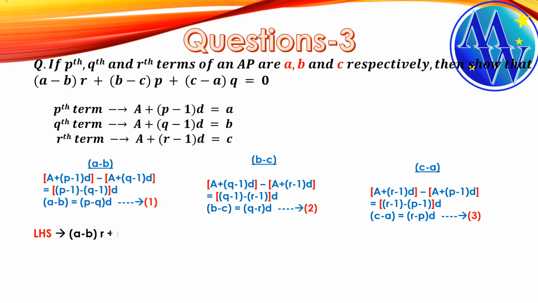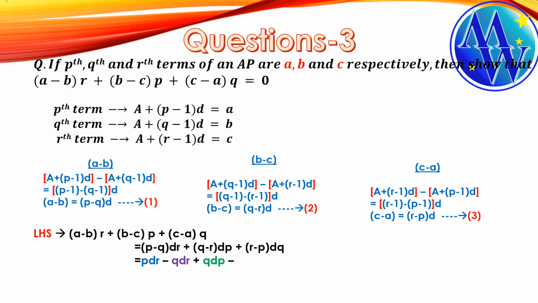So (A minus B) into R plus (B minus C) into P plus (C minus A) into Q equals (P minus Q) into D into R, and B minus C is (Q minus R) into D multiplied by P, plus C minus A is (R minus P) into D multiplied by Q. Okay, so just remove the brackets so that it becomes PDR minus QDR plus QDP minus RDP plus RDQ minus PDQ.